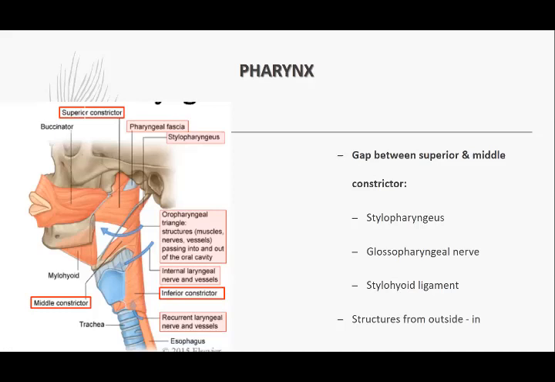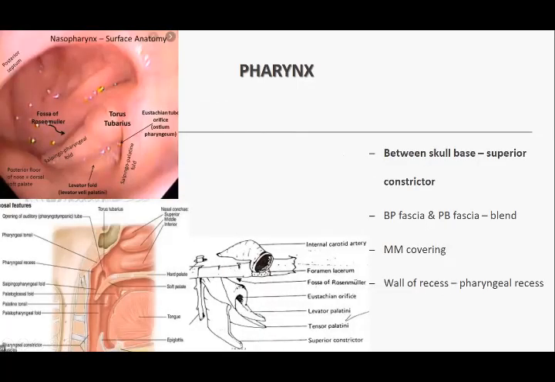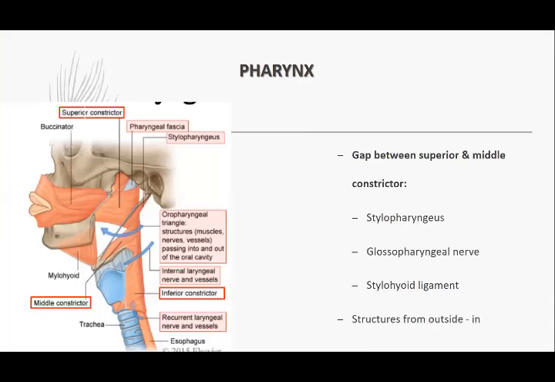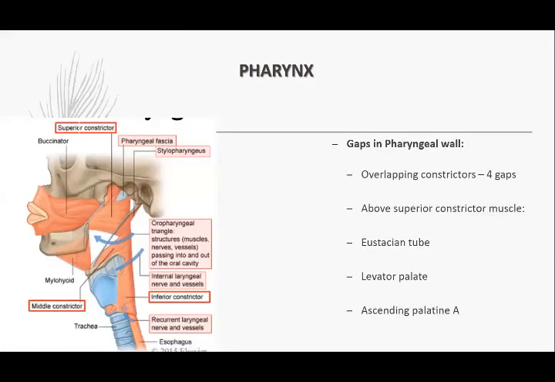अब इस गैप की बात कर लेते हैं. This gap between the base of skull and superior constrictor, यहाँ पे superior और pharyngobasilar fascia. इस gap, इस triangular gap में से you have the passage of eustachian tube, levator palatini muscle, and ascending palatine artery.